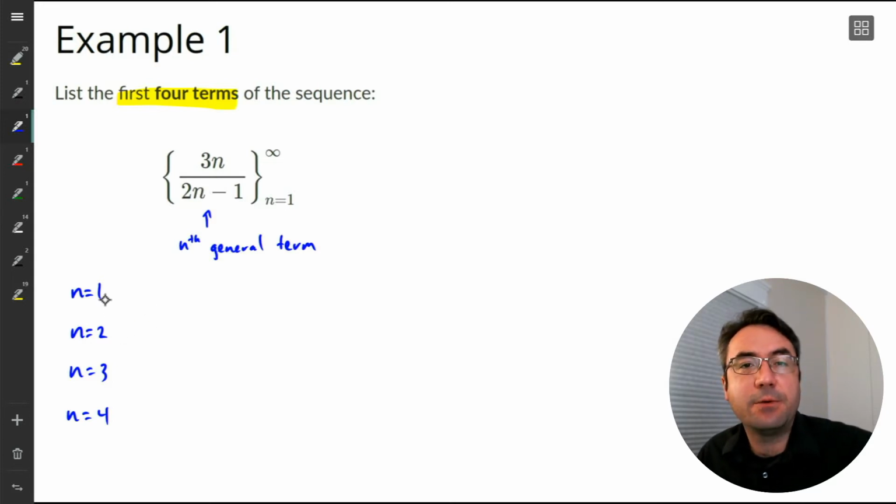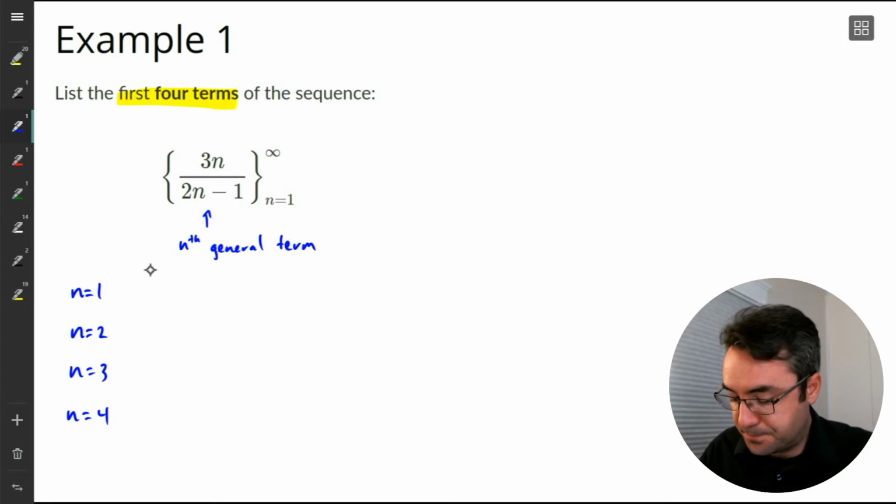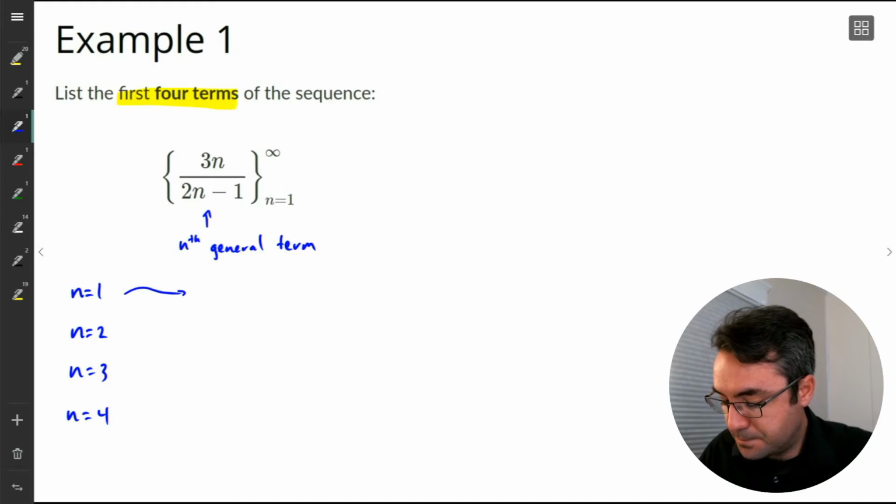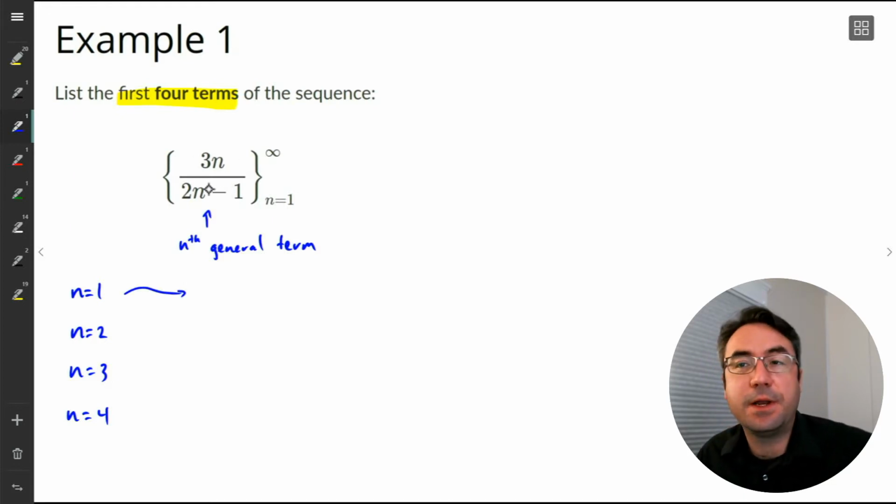And why are we going from n equals 1 up to n equals 4? Well, our starting index here is n equals 1, and we just want the first 4 terms. So first term, second term, third term, fourth term. So we plug these in. Let's plug n equals 1 into this function.